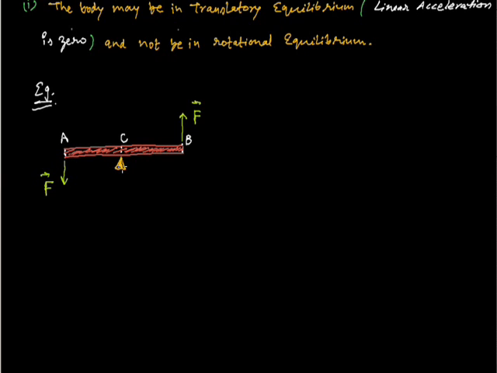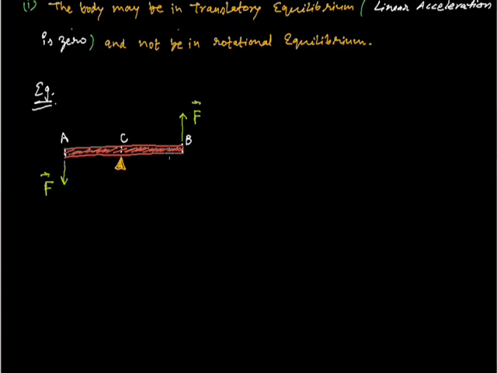So initially the rod is balanced. Now, if a force acts at one end A downwards and another force of the same magnitude acts at its other end upwards, since both forces have the same magnitude but opposite direction, the net resultant force acting on that rod will be zero.